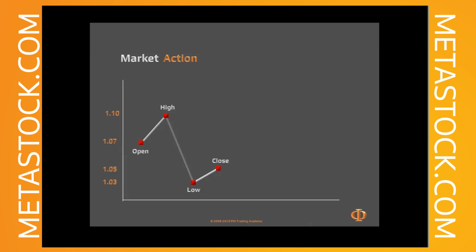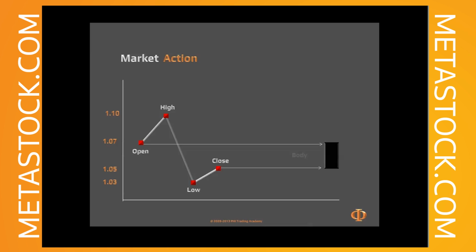This is market action. However, because it's difficult to see it in this form, what we have done is we are using a method used in Japan in the 16th century and Nielsen brought to us in the 90s, which is called, as I'm sure you know, candlesticks. So how do we create a candlestick? We take the open of the day and the close of the day, and we draw a box.